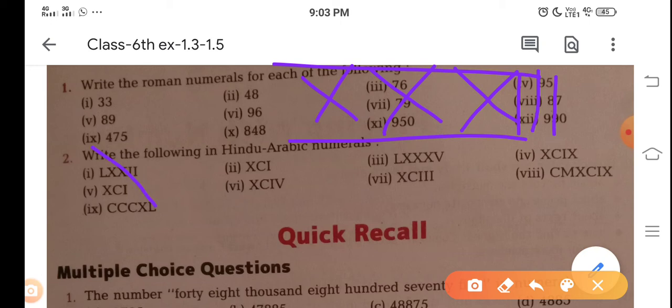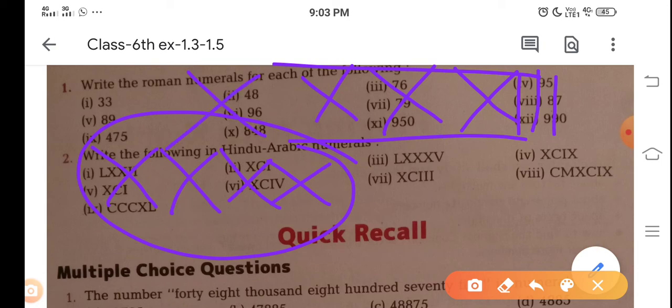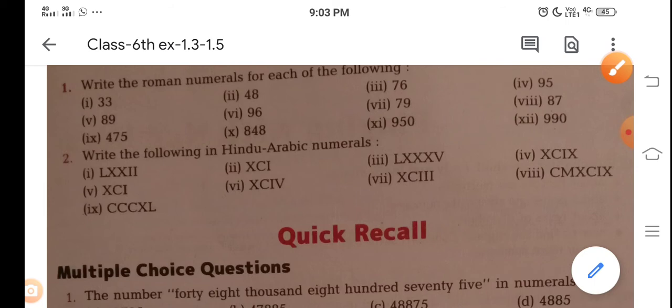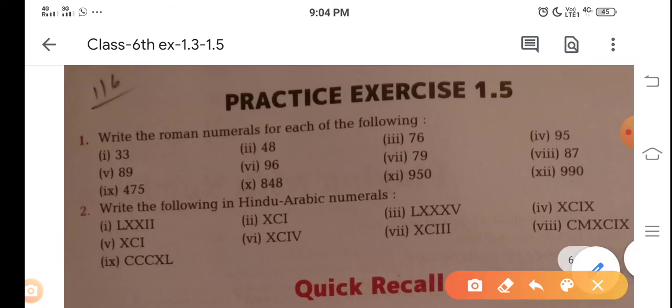If you write X four times, that's not right, that's a wrong answer. So how to write 40? X before L, meaning 50 subtracted by 10, gives XL, which is equal to 40.